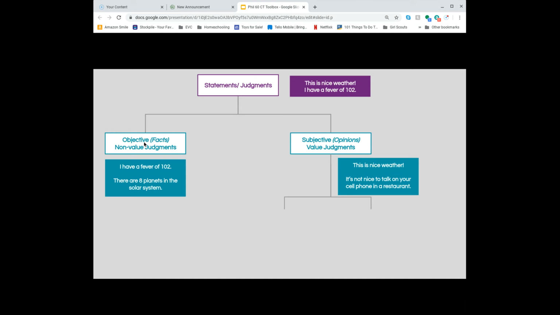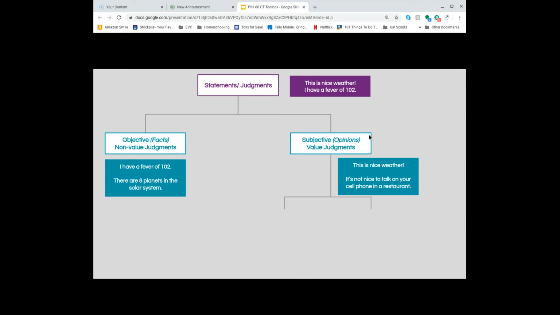The idea is that when you're making an objective statement, in the statement itself, you're not attributing any value, any normative value, meaning you're not talking about whether something is nice or not, whether it's valuable or not, whether it's beautiful or not, moral or not. I mean, all of these things are values. You're just stating objective facts.